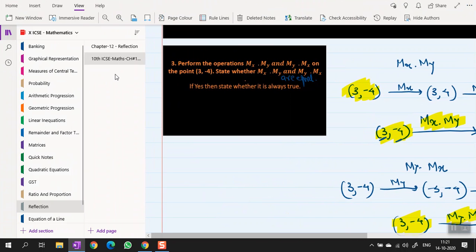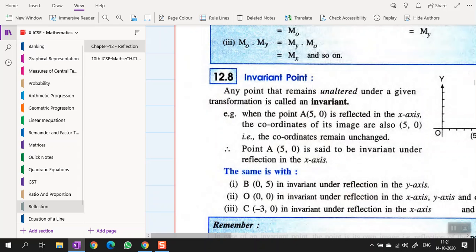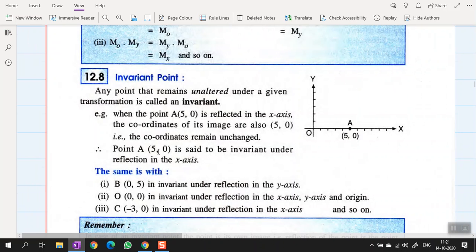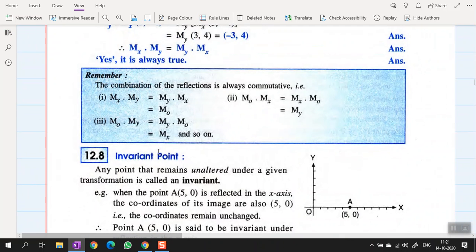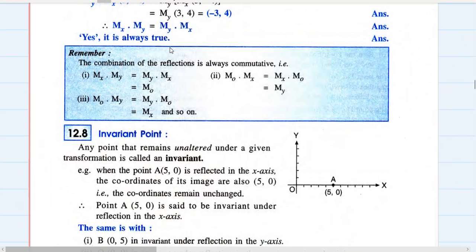So that was your first part of the chapter. Very easy, right? One small thing which I want you to note. We can take this ahead, and we can say that mx dot my is equal to my dot mx is equal to mo, which we have already studied.